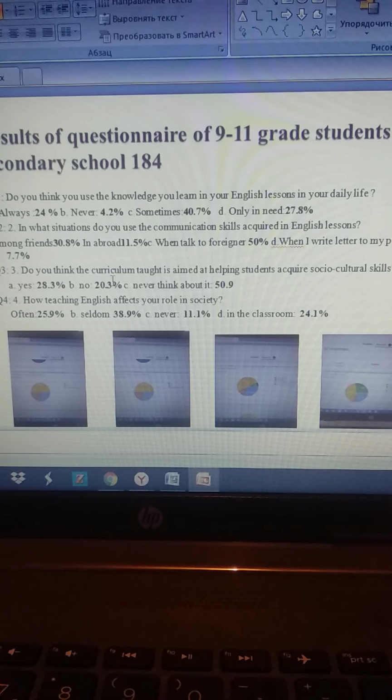Seldom was 38.9%, and never 11.1%, and in the classroom 24.1% of students use it. That's why English lessons affect their role in society.